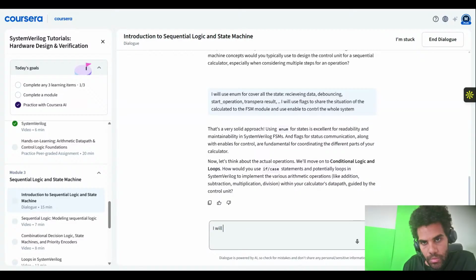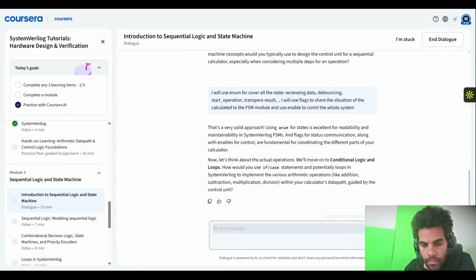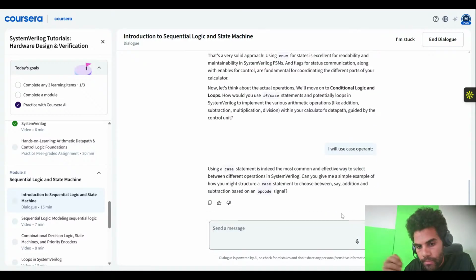I will use a case statement on the operand code.